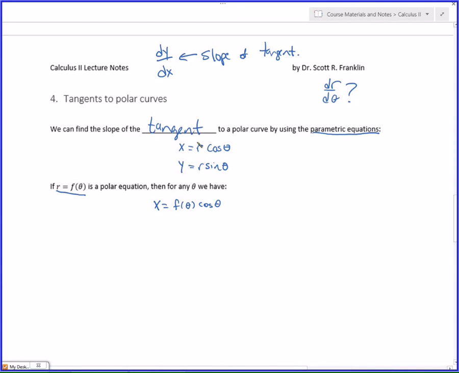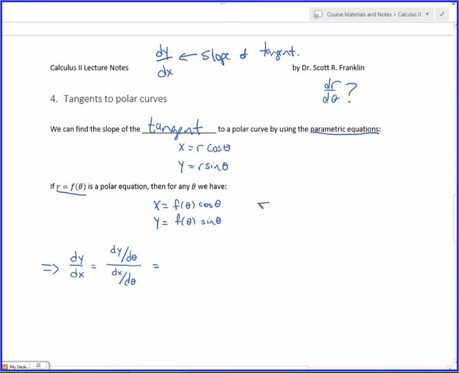All I did was plug in f of theta for r, and y is equal to f of theta sine of theta. Then dy/dx would be dy/d theta over dx/d theta.